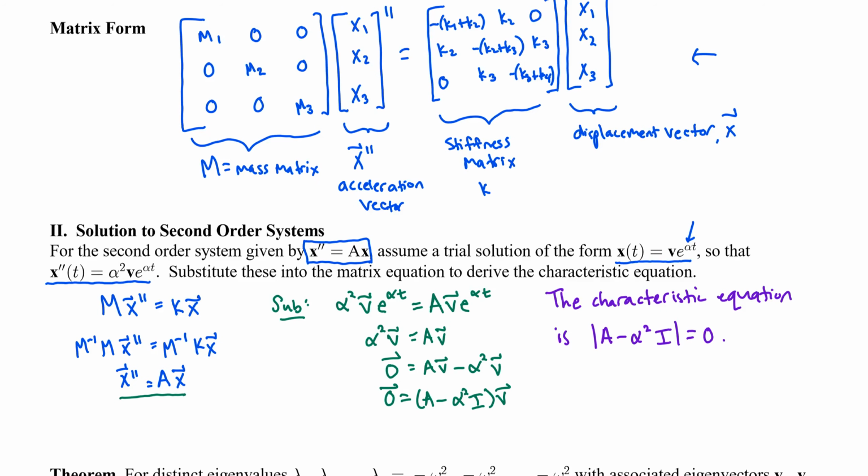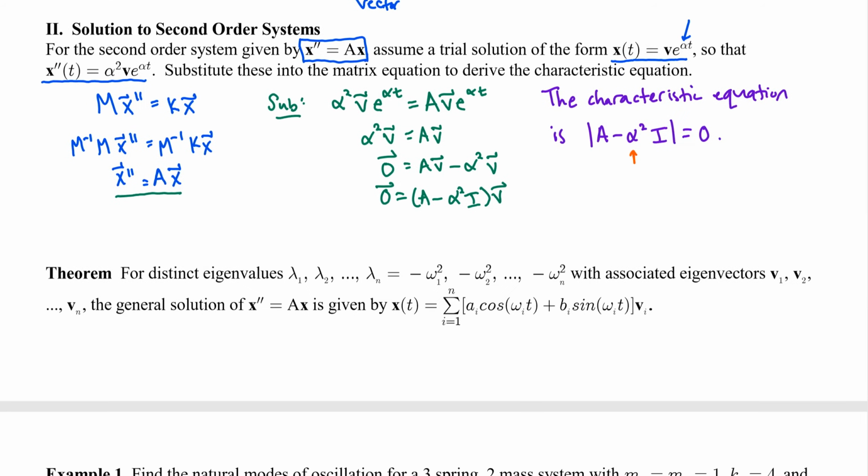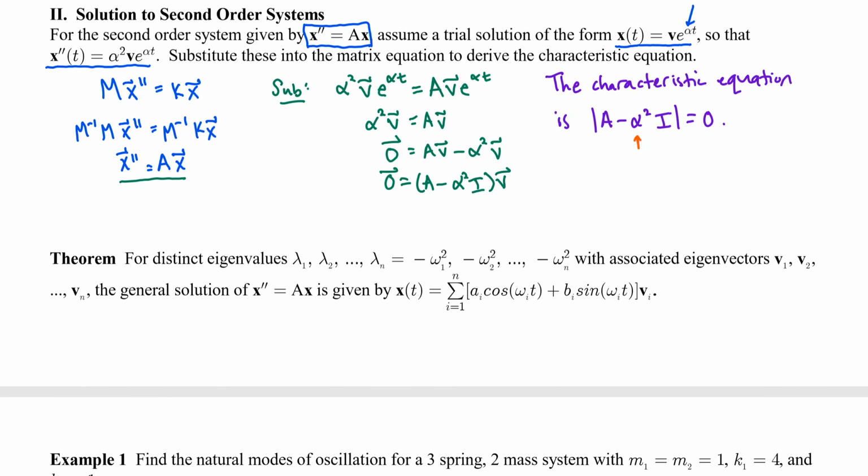Notice the difference here is we have an alpha squared as opposed to a lambda in the previous section. So let's associate this with what we already know. Typical eigenvalues are negative real numbers.